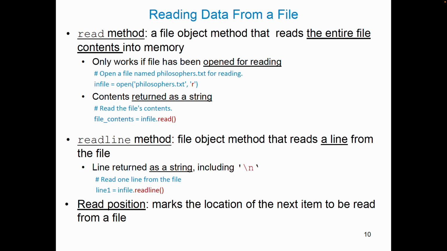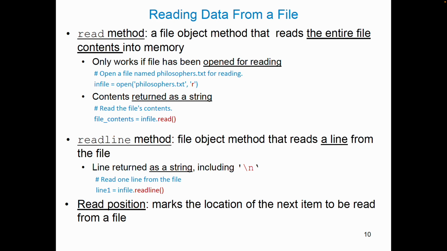And what if I want to read from a file? For that, the only thing I need to change is the mode from W to R. When I do that, I will be able to start reading from that file. And how can I read it? Well, there are multiple ways to do it. One is this read function.